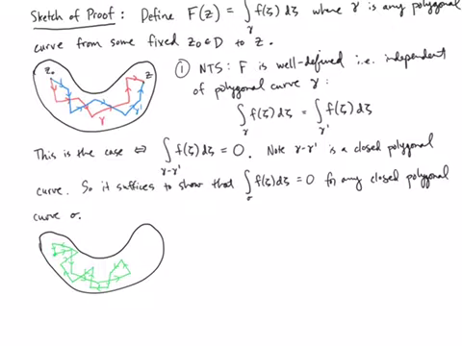Okay, so we need to argue that the integral around any such closed polygonal curve is equal to 0. And the picture indicates the argument.